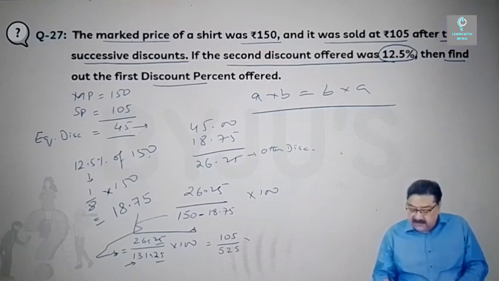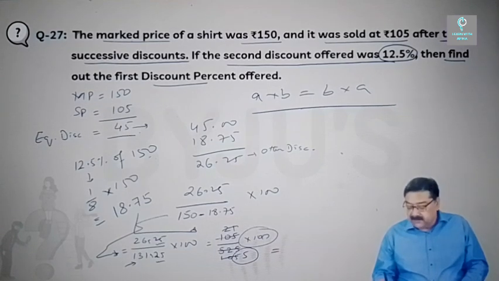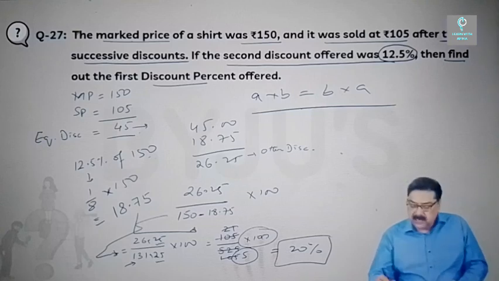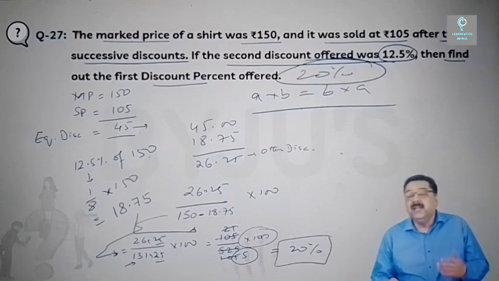So 525 into 100. Now here also the numerators and denominators are divisible by 5. Again 21 by 105 directly goes by 5. So 100 divided by 5 is 20%. So the second discount or first discount, whatever you call it here, has to be 20% on the MRP.